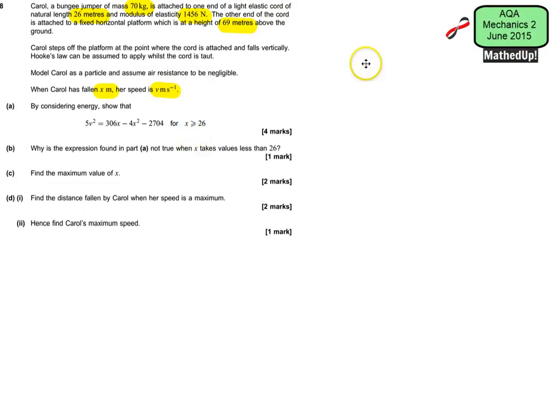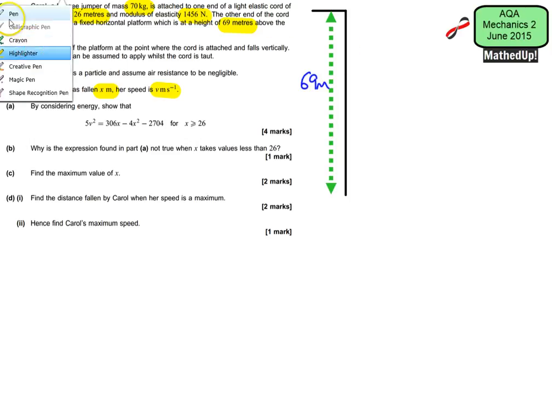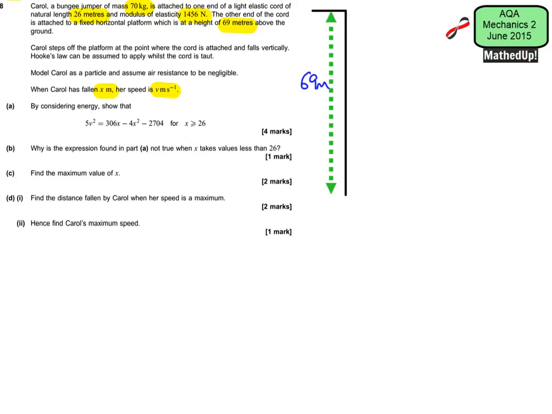Okay, so we're going to start by drawing a diagram. I've started drawing a diagram over here. This is our cliff, and it's a height of 69 meters, and Carol is at the top of our cliff.